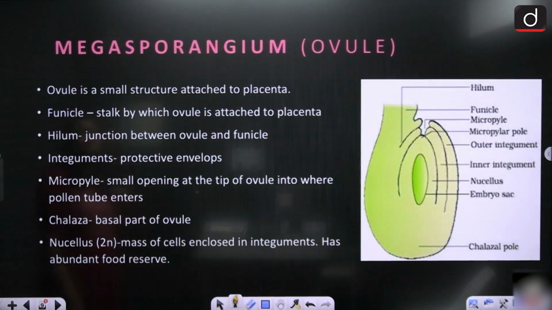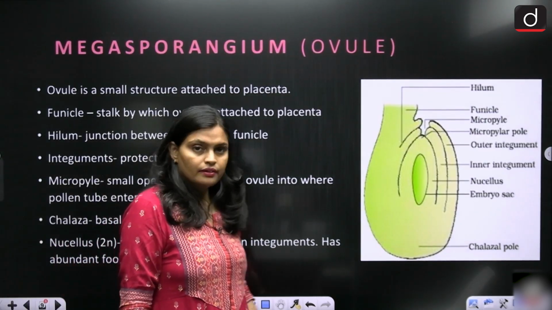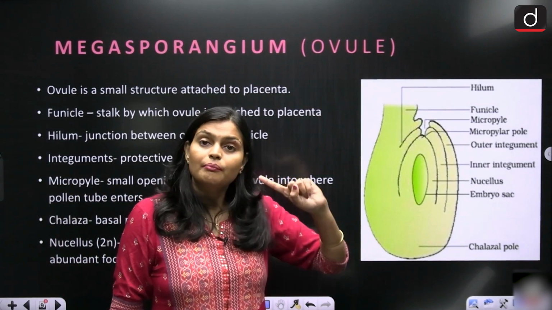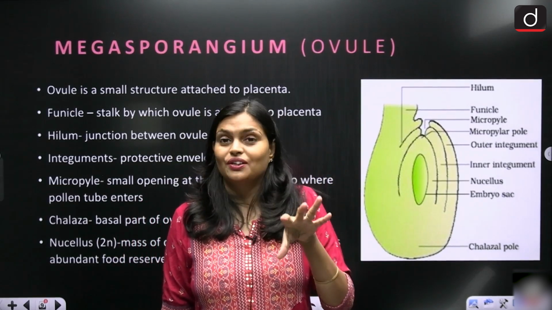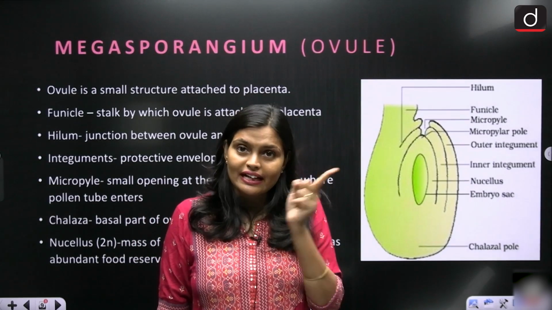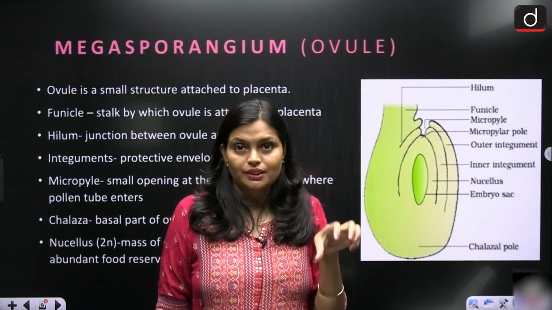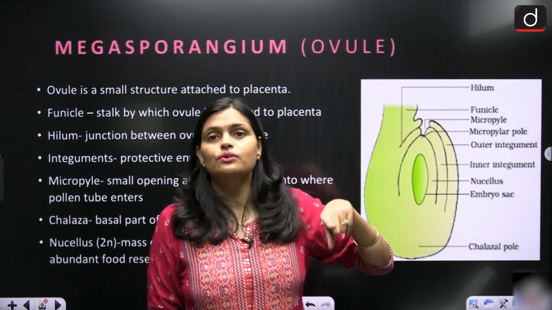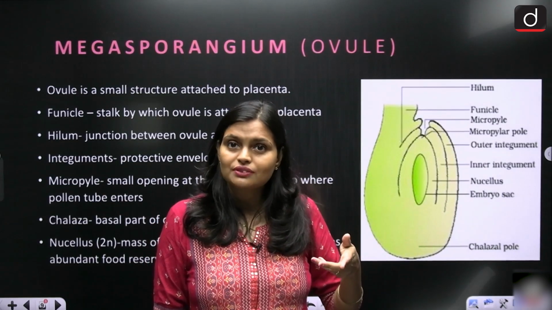Now let us understand the megasporangium, that is ovule. In case of male gametophyte, in the anther you have microsporangium. Within the microsporangium you have microspore formation.